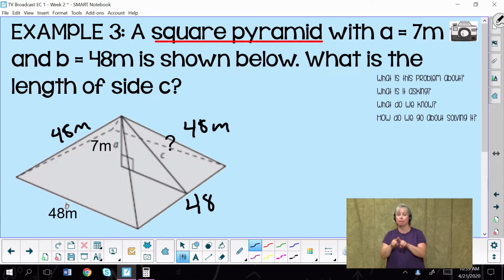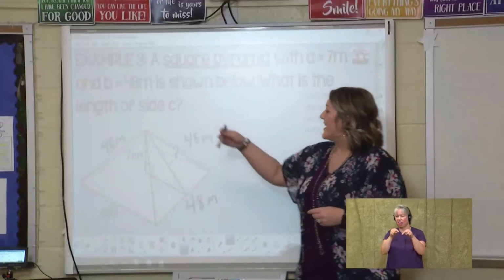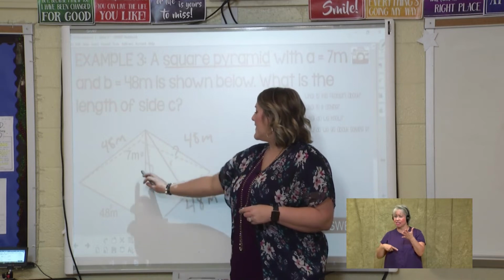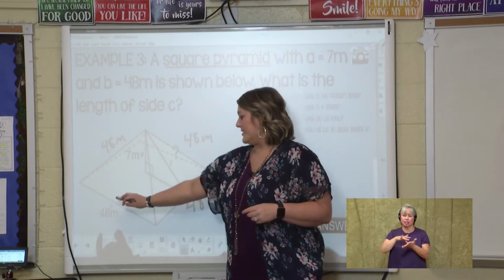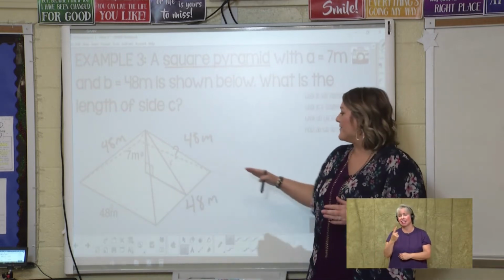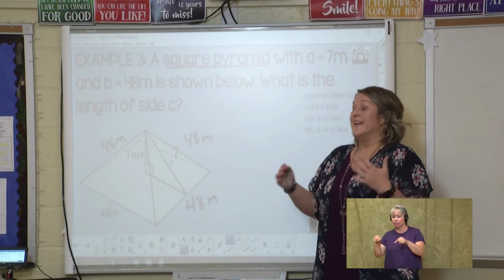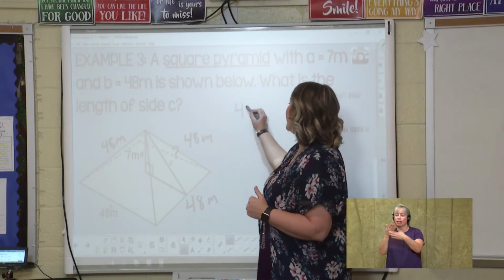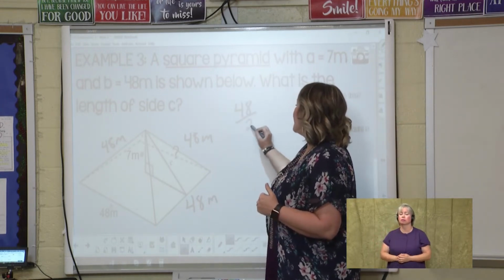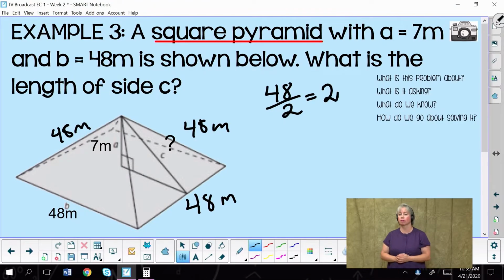And so now I want to see what this length is here. If that is 48 and A is going through the center, then that means that this is half of the distance, the midpoint. Half of 48, 48 divided by 2, is 24. So this length is 24 meters here.